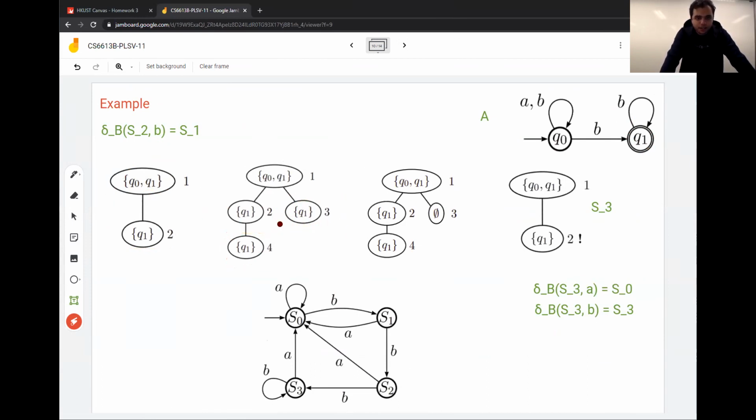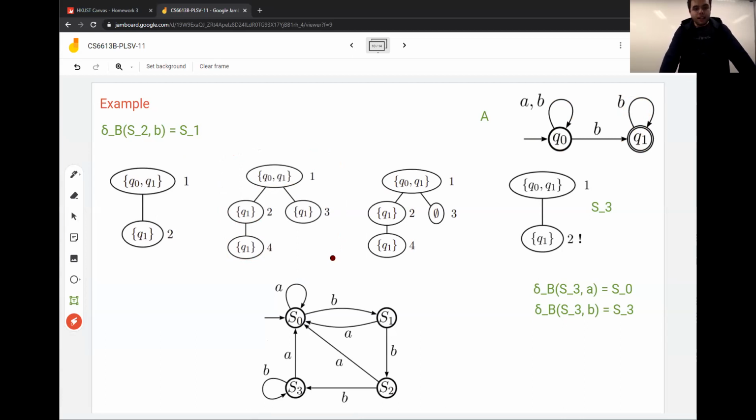Okay, the next step was you actually do the transition. So if I start from Q0, Q1, and I have B, where can I go? I can go to either Q0 or Q1, so this doesn't change. If I start with Q1 and I do B, I can only go to Q1, so I just remain where I was. The transitions don't change my Safra tree in this case.